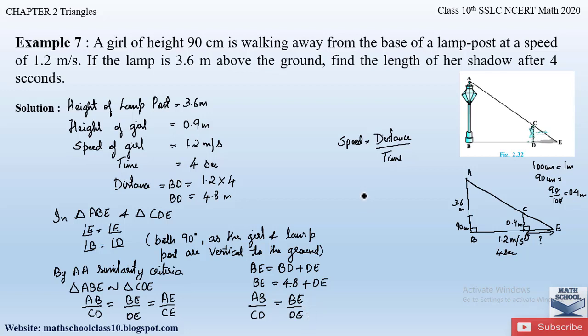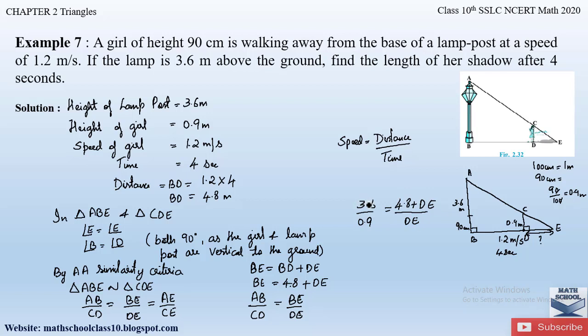What is the value of AB given here? It is 3.6 divided by CD, which is 0.9, that is equal to BE, which is 4.8 plus DE, divided by DE. Let us simplify this equation and find out the value of DE.